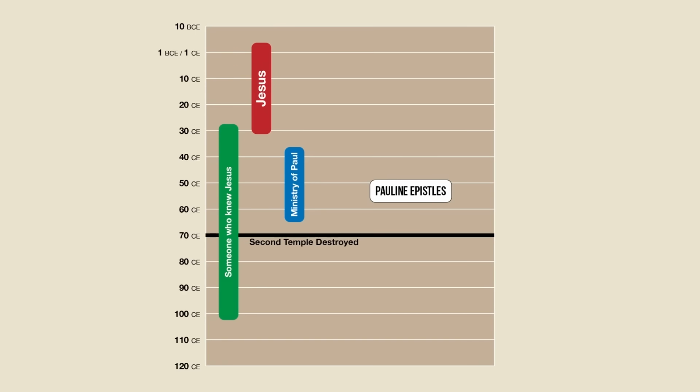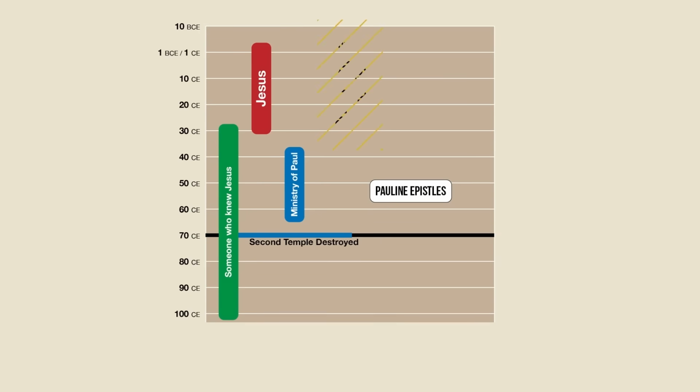Now, the most important date for understanding the development of both Judaism and Christianity is the year 70 CE. I mentioned that date in last week's video as the date for when the Second Temple was destroyed. Prior to this pivotal event, Judaism was a diverse religion with many different branches, one of which was early Christianity.